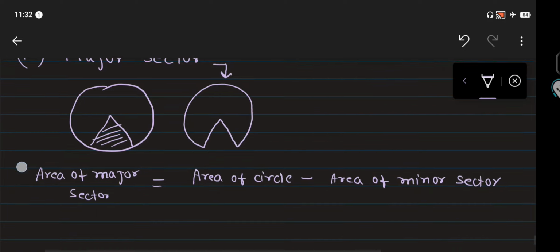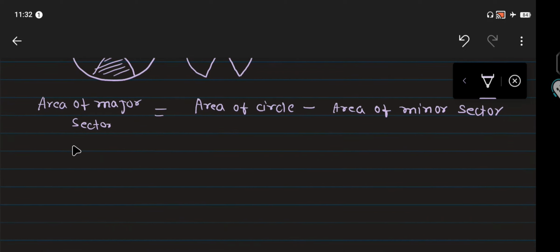Okay, let's call the area of the major sector with the letter capital A2. Area of circle, we can write the formula for it. It is pi r square. And area of minor sector, we have already calculated it. It is A1. Okay. Now let's push the value.